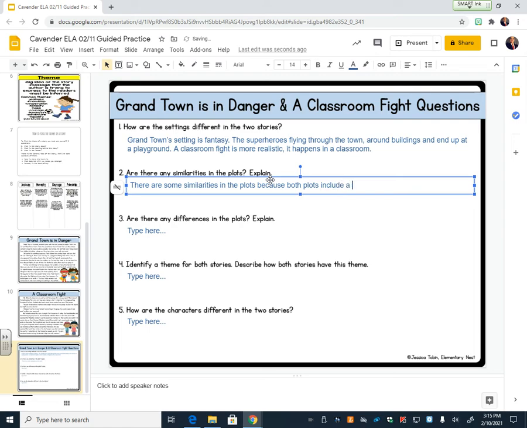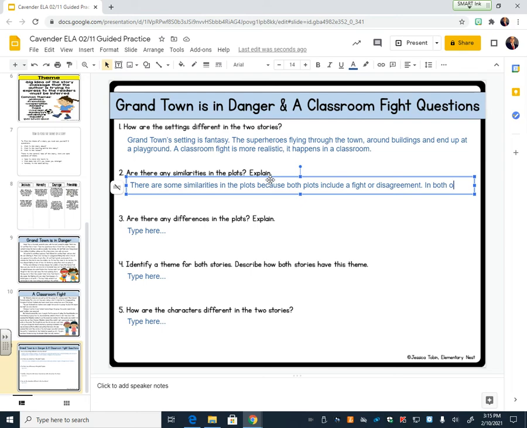Include a fight or disagreement. In both stories, who helps them solve the problems, solve the conflict in both stories? Well, they're solved by the help of another character.